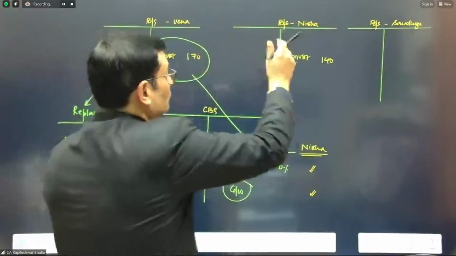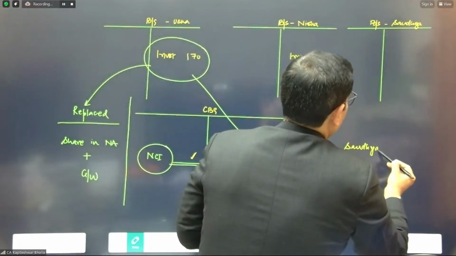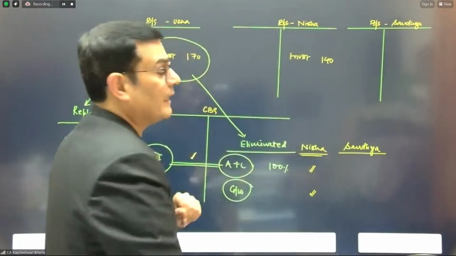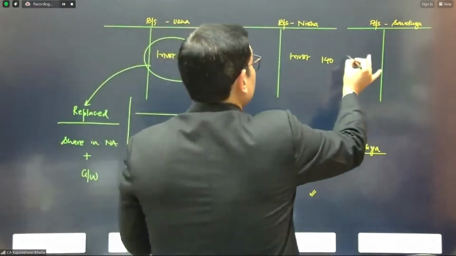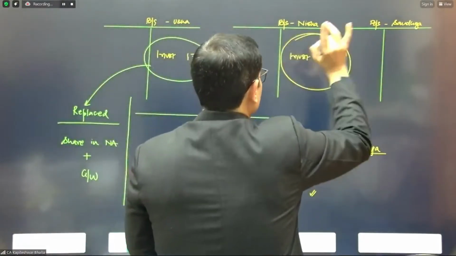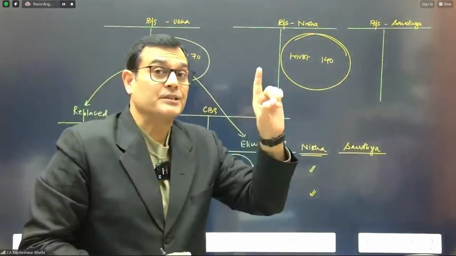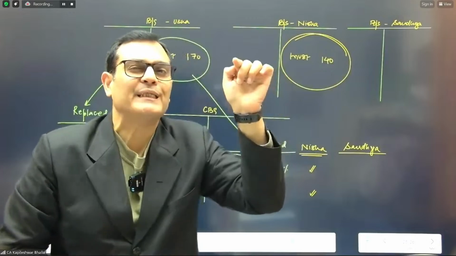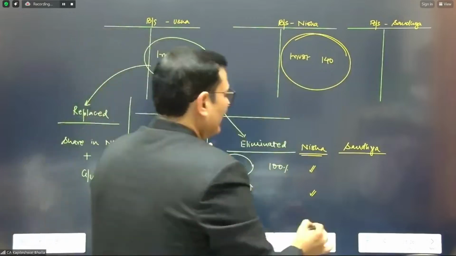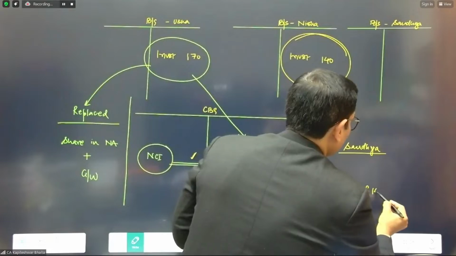Now, let's come to Sandhya. If you look at Sandhya, what did we do? Did I consider the entire investment in the goodwill calculation? No, I took only 80% of this. So I took in the goodwill calculation only 80% of 140.